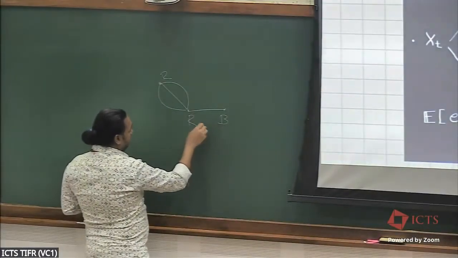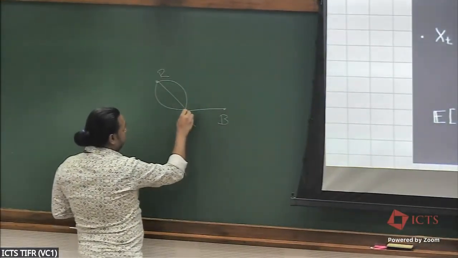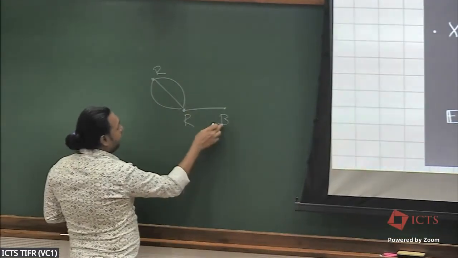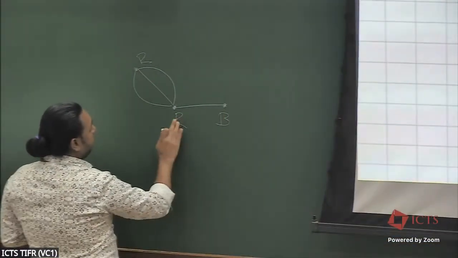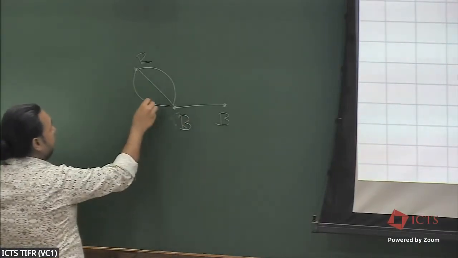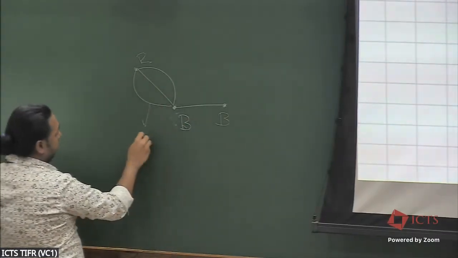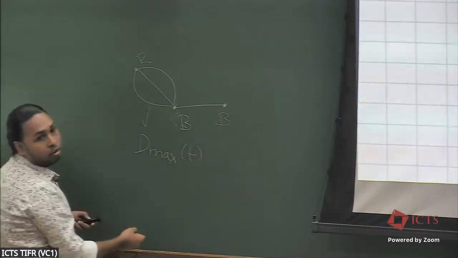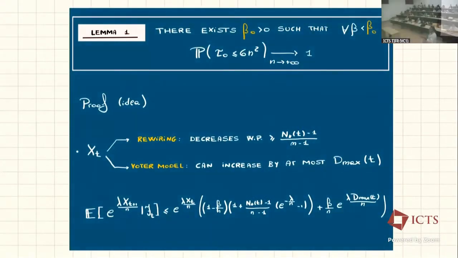If I perform the voter model step, this is the root, and this vertex copies the opinion of this vertex, then this becomes blue, and so the number of disagreeing edges can increase, right? And it can increase by at most D max at time t. So we are bounding the expectation of x_{t+1} by n given F_t. This part is for the voter model step.